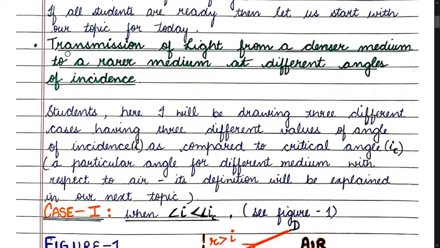Students, kindly see the sequence of medium. The topic is transmission of light from denser medium to a rarer medium at different angles of incidence.